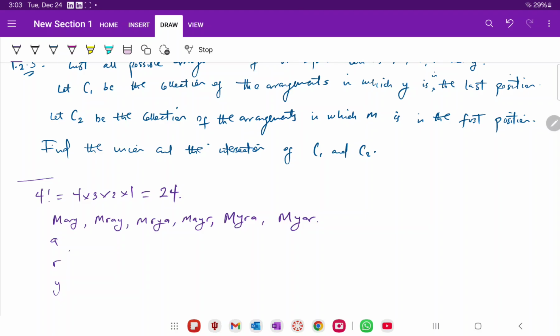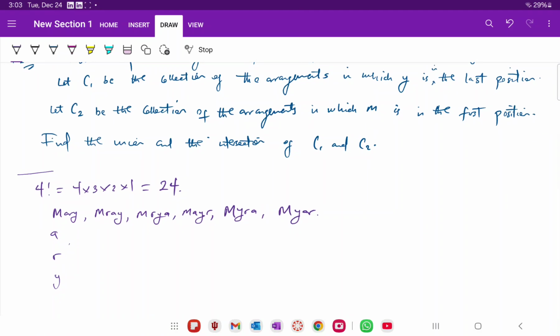Okay, so for A, we have A, M, R, Y, A, M, Y, R, A, R, M, Y. So we have A, R, Y, M. There remain two possible arrangements.